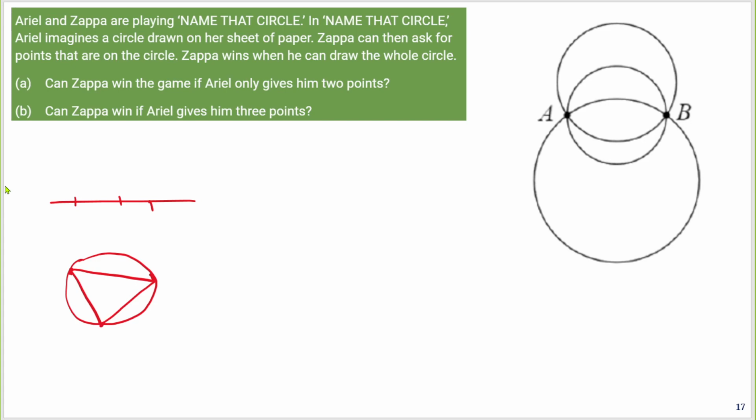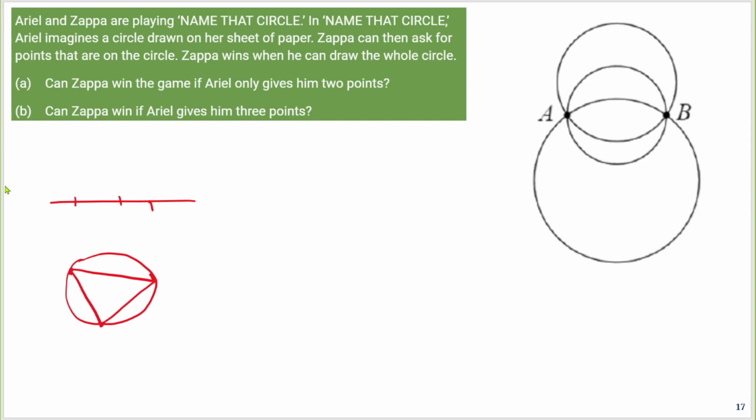So given 3 points, Zappa can name that circle. He can connect the points to make a triangle. Then he can draw the perpendicular bisectors of any 2 of the sides of the triangle, right? Where they meet is called the circumcenter, and then he can make the circumcircle.